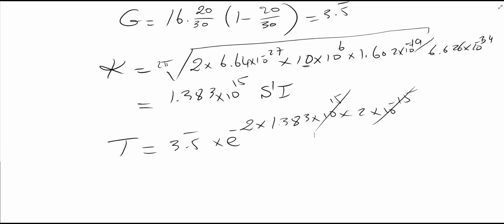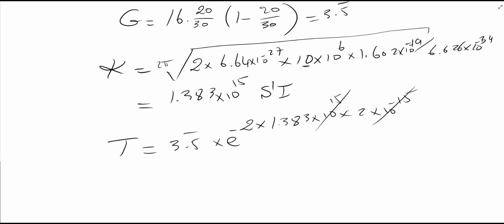So let's come back to this expression again and find it. So where is the 3.5 repeating? Times exponential of, open parentheses, negative 2 times this number, times 2 now, times 10 to the power negative 15. Close the parentheses.